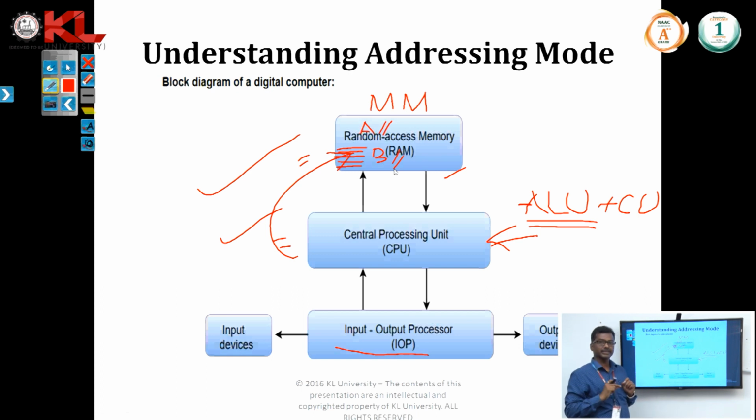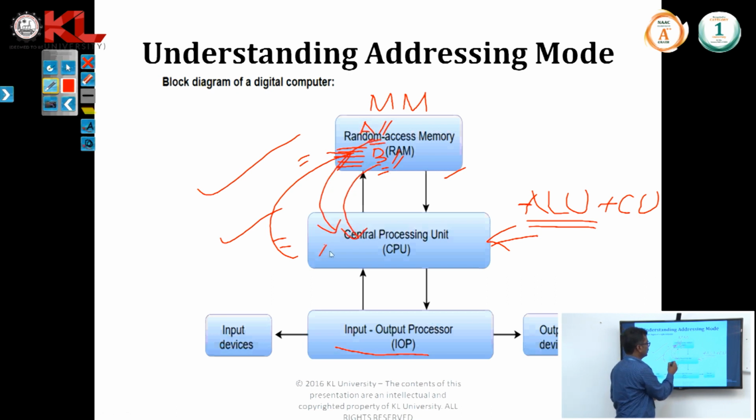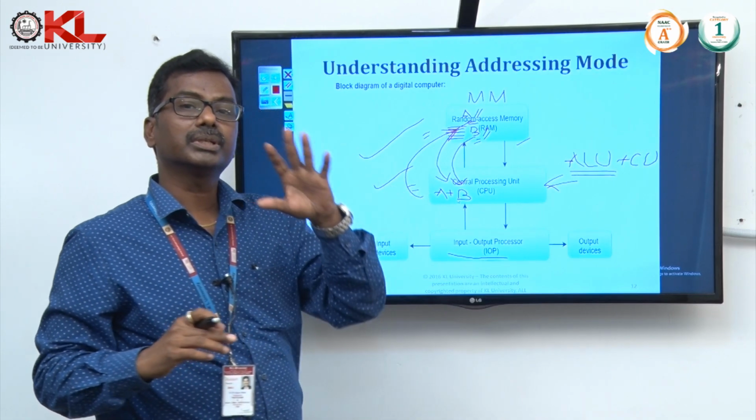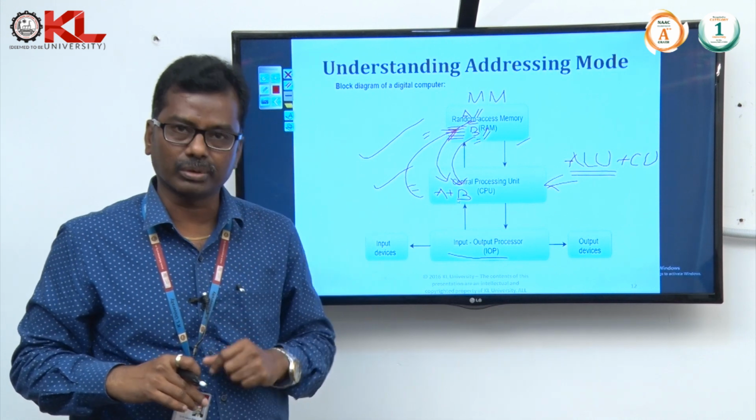That means the CPU or the processor needs to know the address of A and B. Only if the addresses of A and B are known can these variables be brought inside the CPU, that is, inside the ALU, to do the addition or any other operation. So here comes the concept of addressing mode.